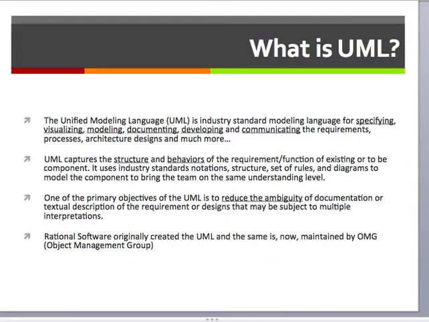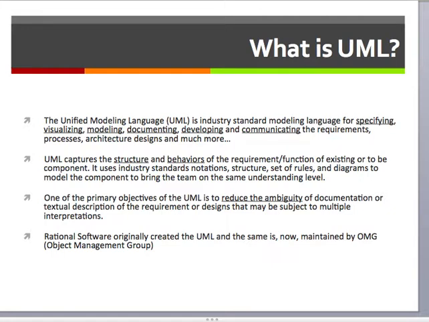You can specify the requirement, help stakeholders visualize it, model it, document it, develop it further from state A to state B, and communicate it. It is not only for communicating requirements, but also processes, architectural design, and much more.